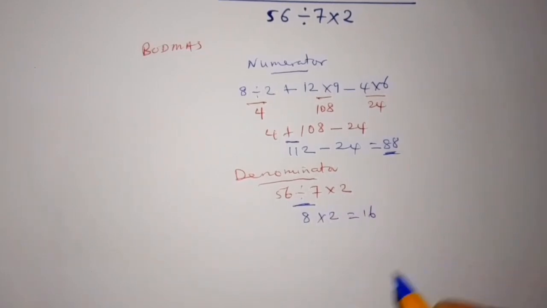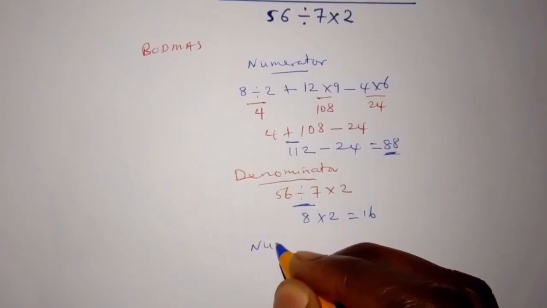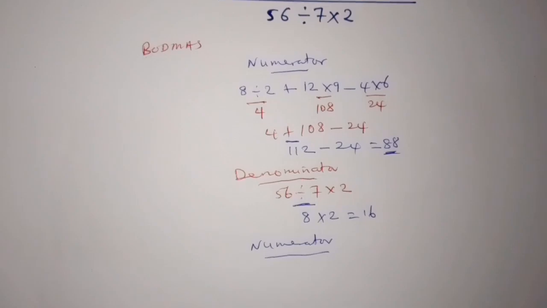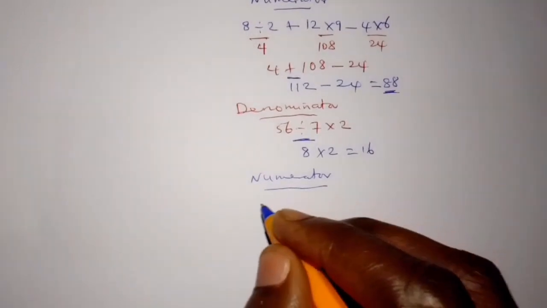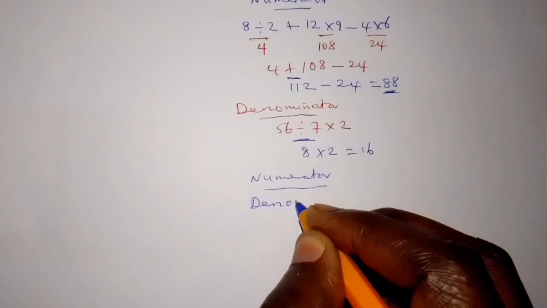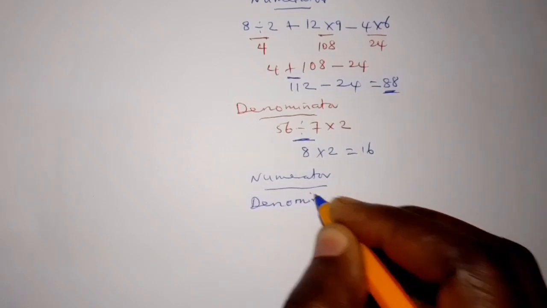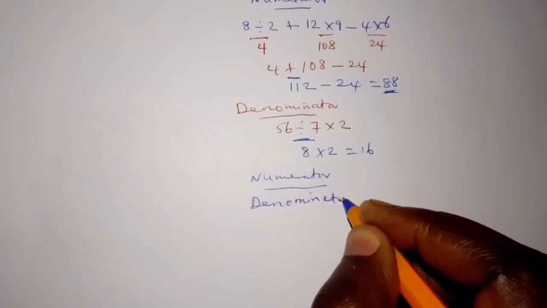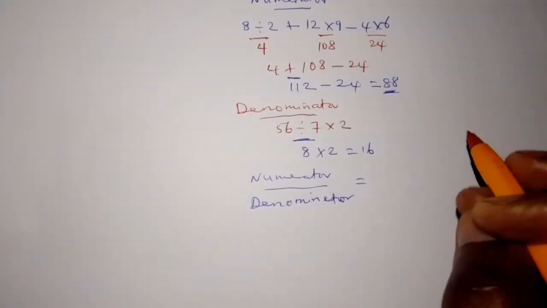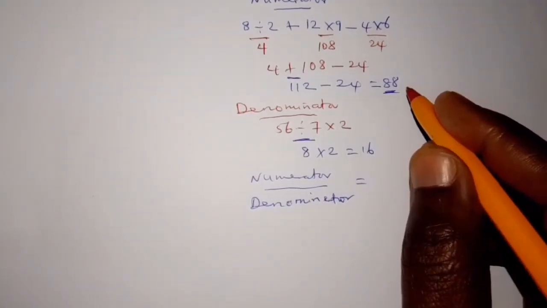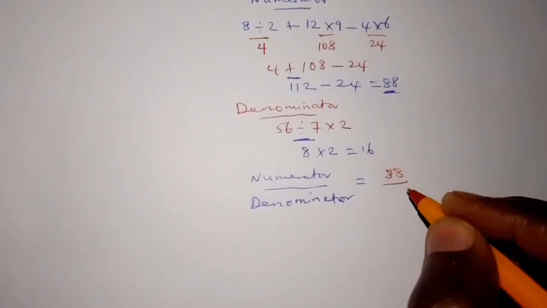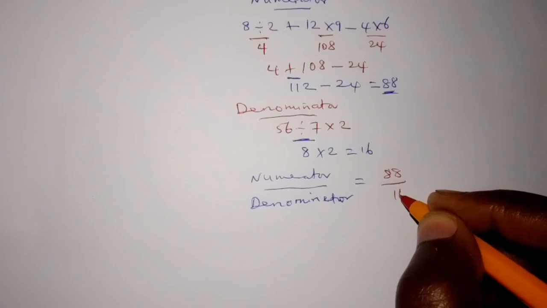So when we put the numerator over the denominator, this will be 88 over 16.